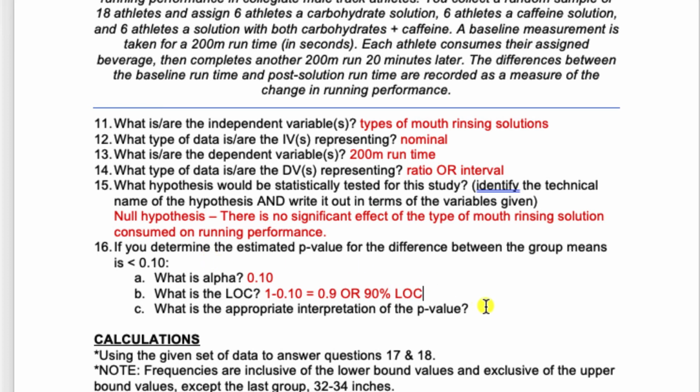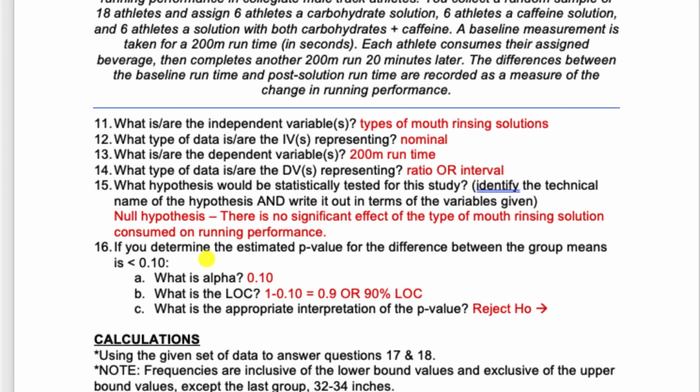The appropriate interpretation of this p-value then, if we have a p-value less than the alpha we kind of predetermined with our study design, that means we reject the null hypothesis.